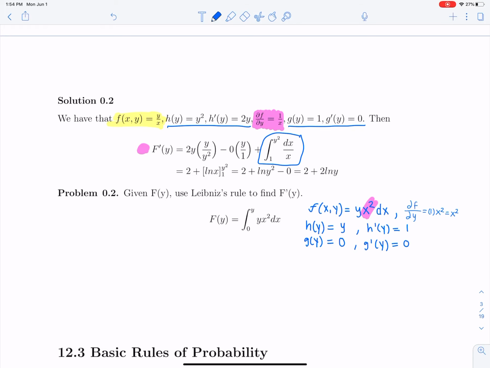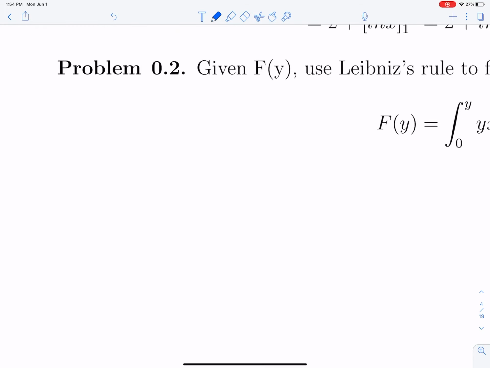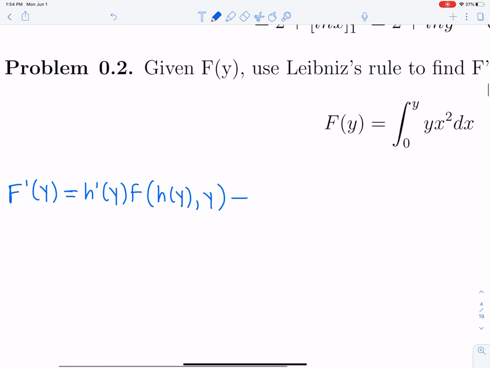So Leibniz's formula, I'm going to write it out just because it is super long and we're going to want to remember it from above. So it states f prime of y can be found with h prime of y times f of h of y, comma y, minus g prime of y times f of g of y, comma y.